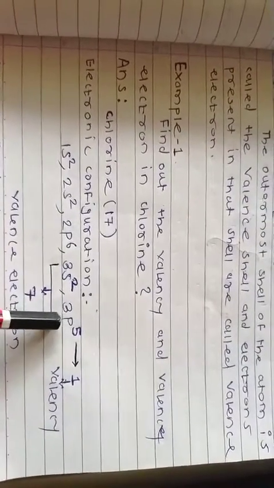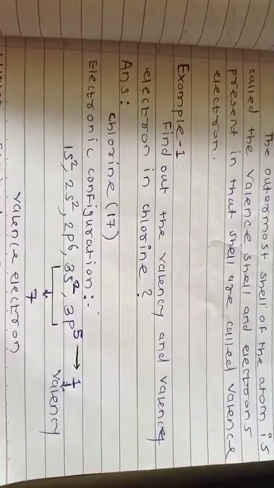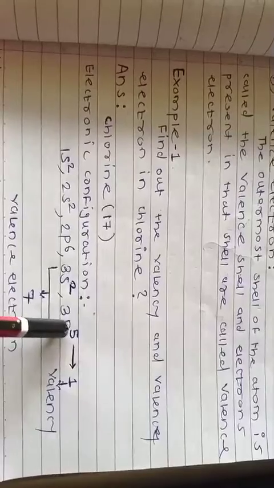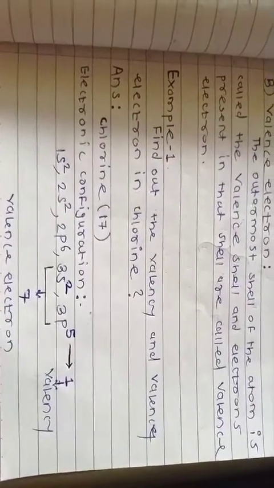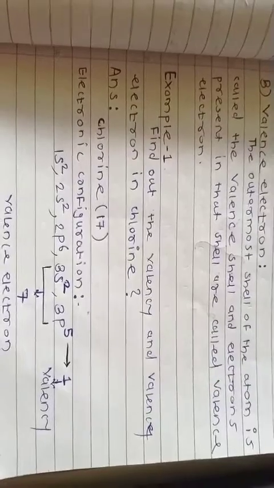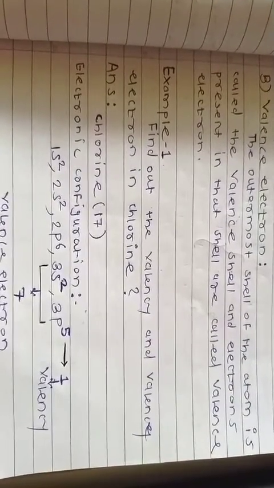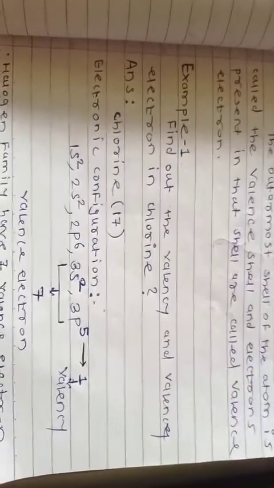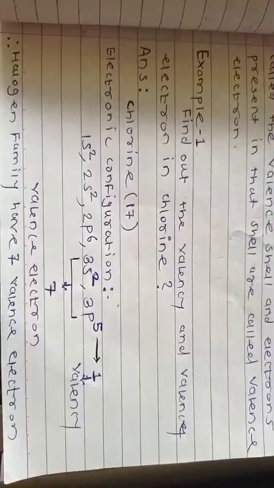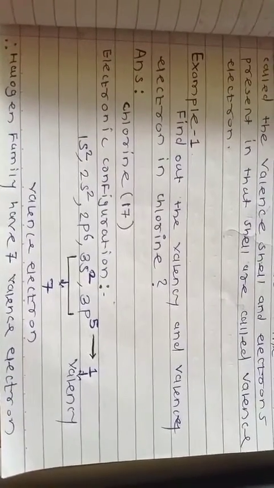We know the capacity of the p orbital is 6 electrons. Here there are 5 electrons, so there is a need of 1 electron. Chlorine requires 1 electron to fill the p orbital completely. So chlorine has a valency of 1. Therefore the halogen family has 7 valence electrons, and all halogens have a valency of 1.